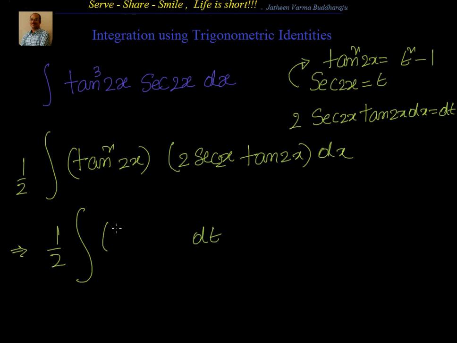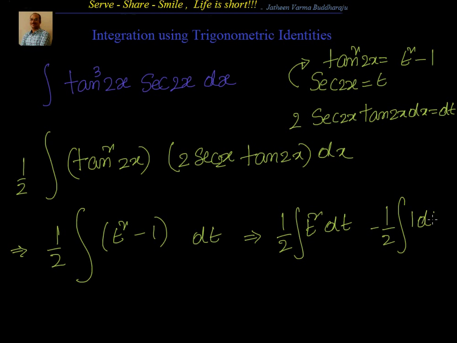So can I write it as t square minus 1 dt. Now this is pretty simple because it's of the form x power n and we know how to deal with it very easily. So can I say half integral of t square dt minus half integral of 1 dt.